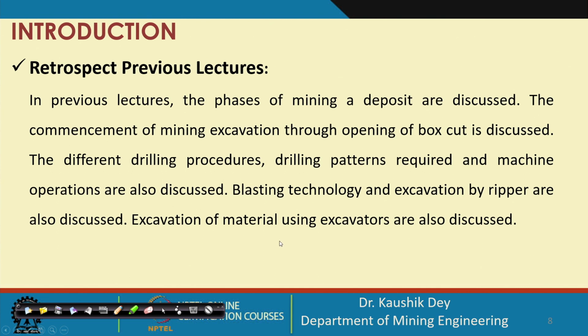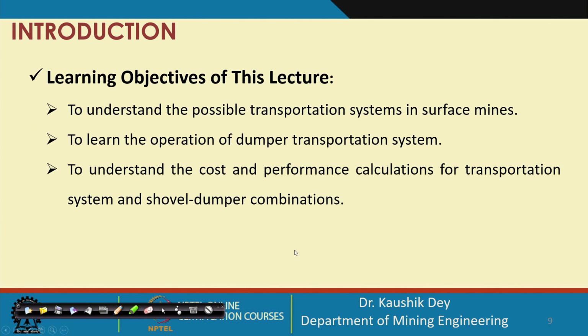Now, we are continuing with the transportation system. This is the third and final lecture of the transportation system in surface mine. We have seen there are many transportation systems available, continuous systems and discrete systems, and we have discussed all those systems. We are now continuing with the discrete system, that is the dumper transportation system, and in this lecture we will cover the shovel dumper combinations.